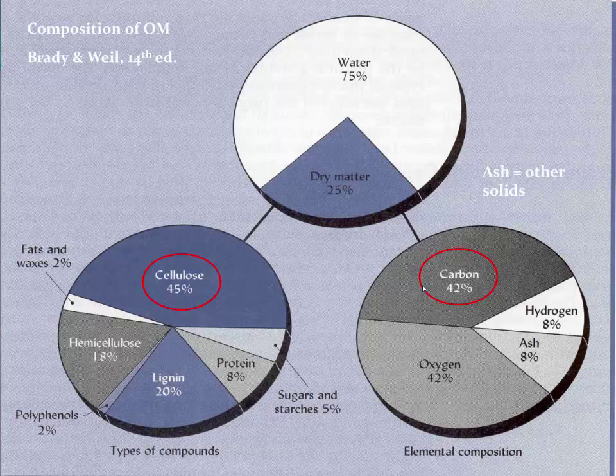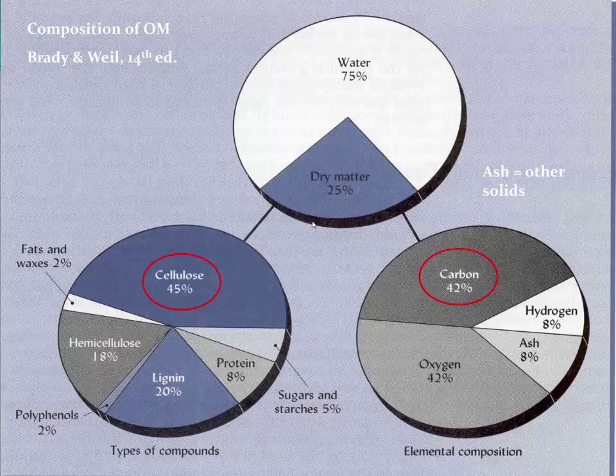Well, let's take a look at the composition. Now, a lot of the figures in today's talk are taken from Brady and Weil, the 14th edition of the Nature and Property of Soils. In this chart, we learn that organic matter is really about 75% water and 25% dry matter.